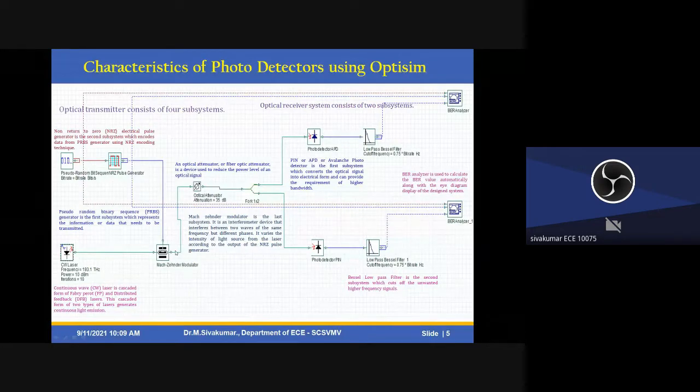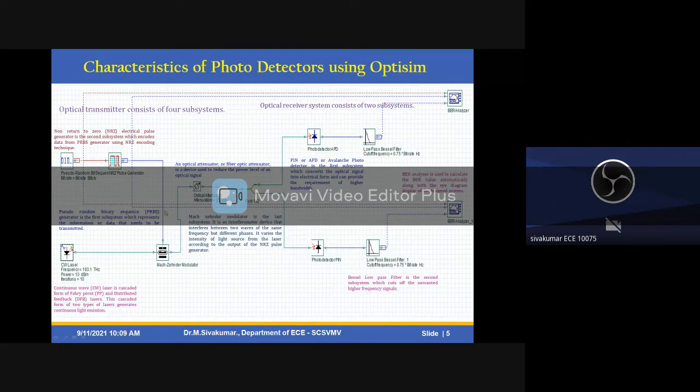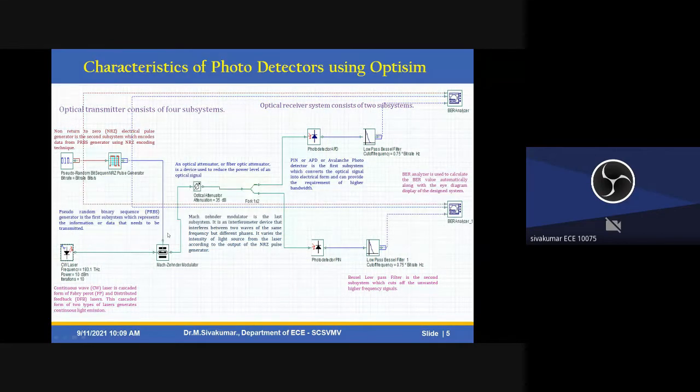It is an interferometer device that interferes between 2 waves, here the laser wave and your NRZ encoding wave, 2 waves of the same frequency but different phases. It modulates, varying the intensity of the light source from the laser according to the output of the NRZ pulse generator. I hope we now understand this optical transmitter well.